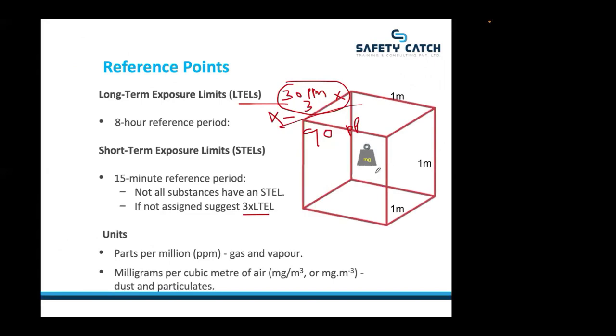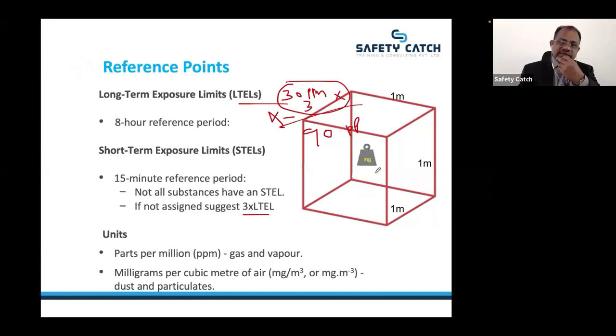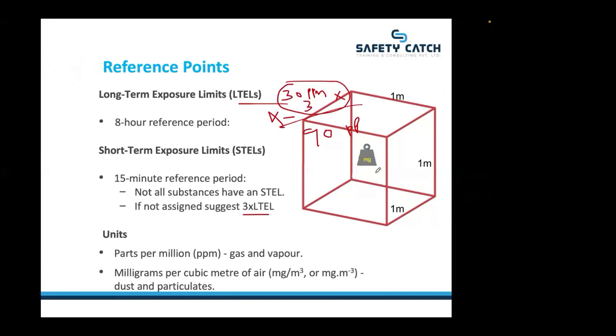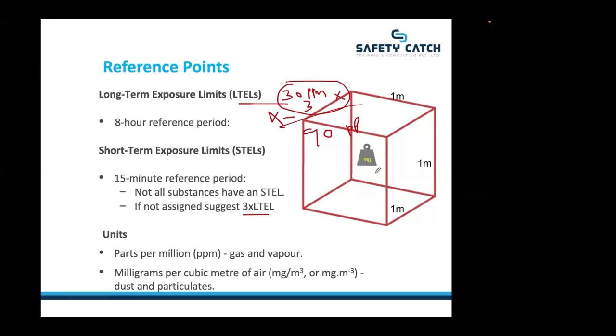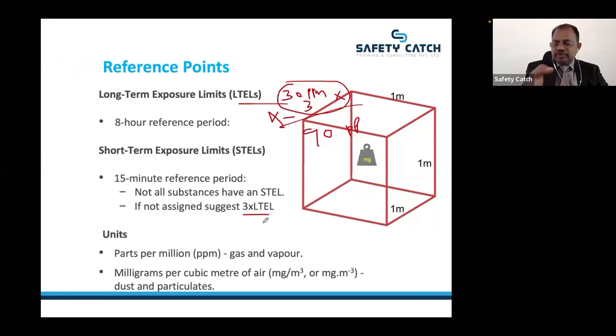Sir, for the long term it is 30 ppm, for example, and multiplying by 3 for short term, is that like a guideline? Yes, it is a guideline by these standards, whichever we saw. The standard says that. I will be sure, maybe while going through the standards, we can see where it is written. We'll see that. Okay.